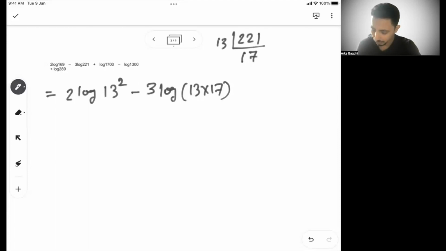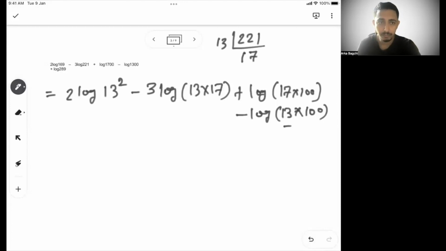Plus log 1700, plus log of 17 into 100, minus log of 1300, minus log of 13 into 100, and finally you have plus log 289, plus log of 17 squared. So there are these 5 terms.